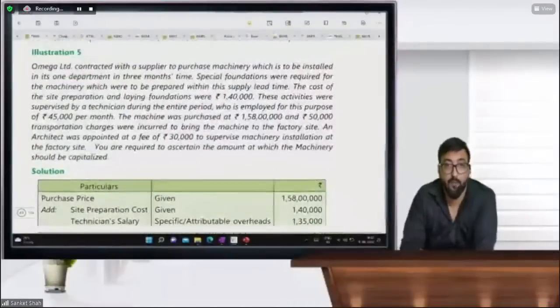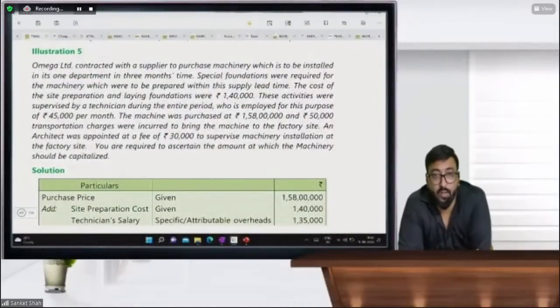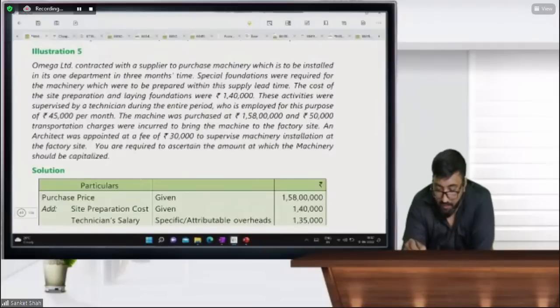Illustration 5. Omega Limited contracted with a supplier to purchase a machinery which is to be installed in one department in 3 months' time. Special foundations were acquired for the machinery, which were to be prepared within the supply lead time. This is the cost of site preparation. These activities are supervised by the technical person, 45,000 into 3 months.